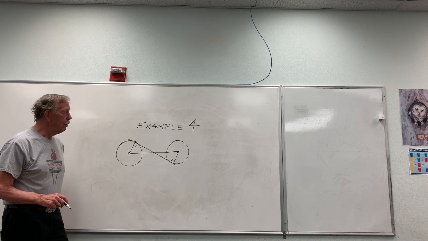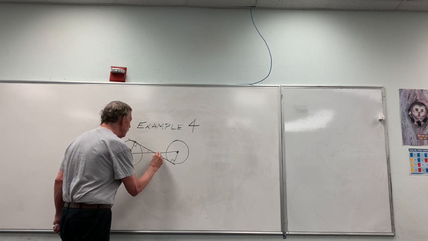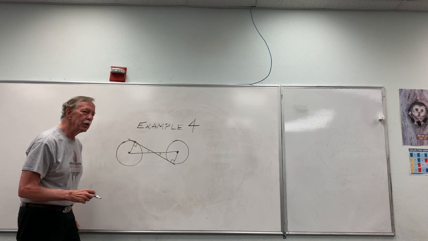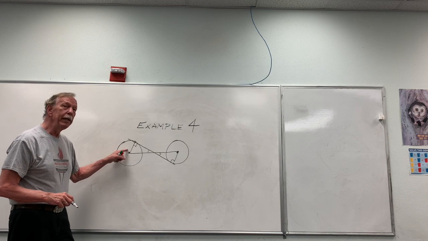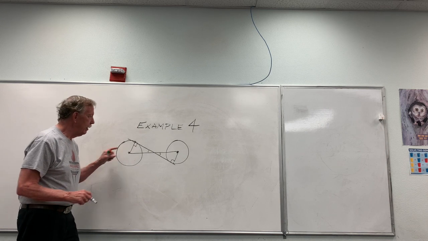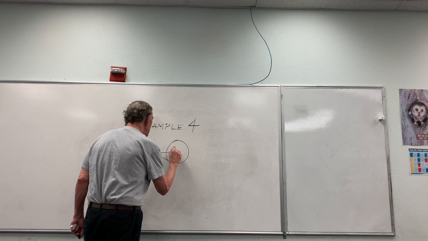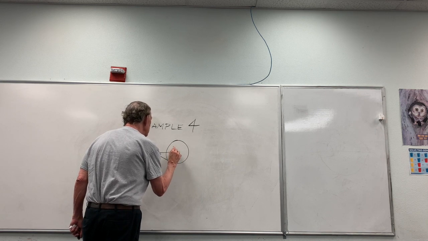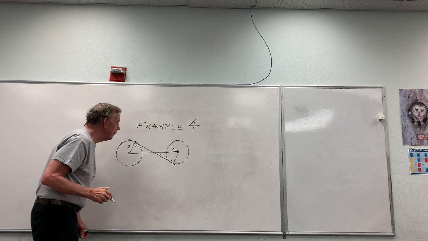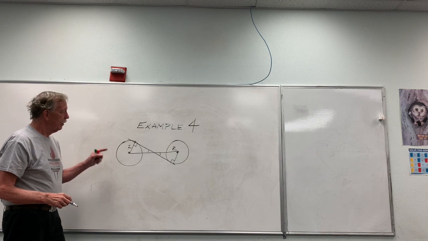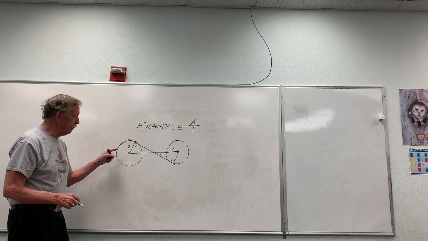Now, the one thing I know about this bow tie is that these are vertical angles, and they're equal to each other. Now, if we know that the radii of the circle are equal, say each radius is 2, then these two triangles are not just similar, they're congruent.